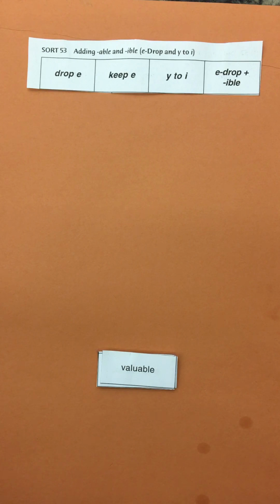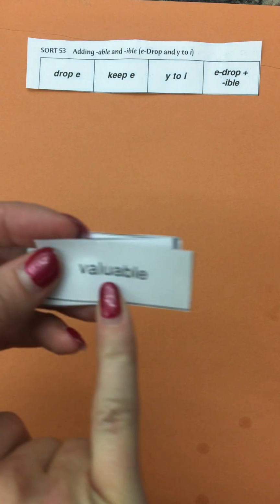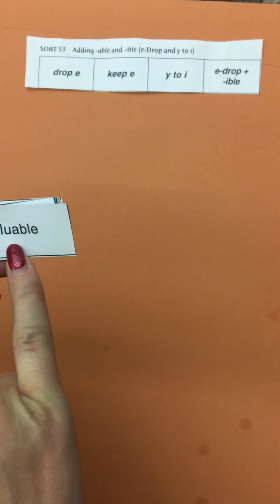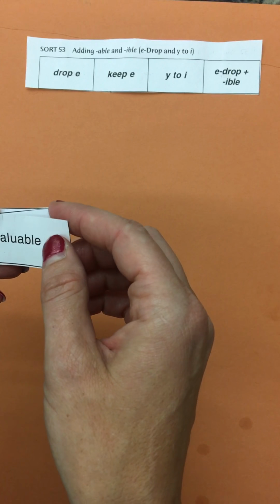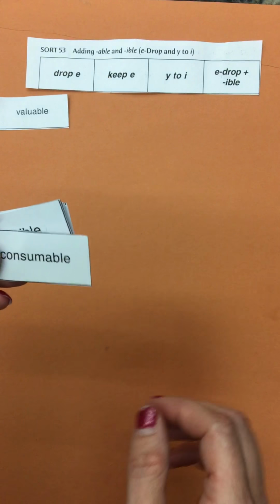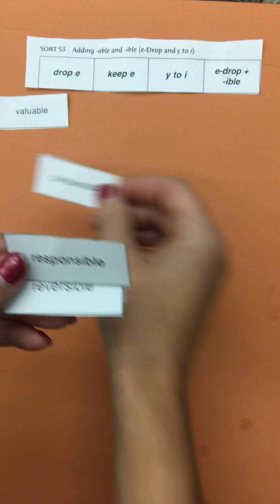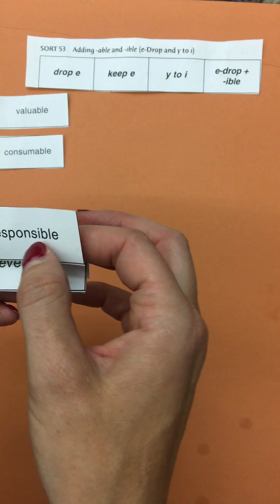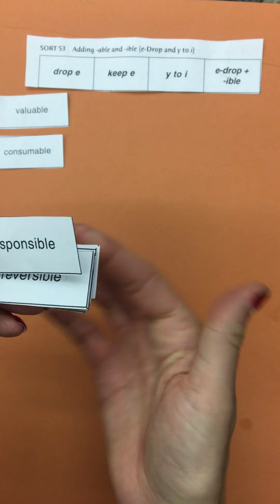So here will be where we're going to put any word that dropped the e off of the base word. You know, value should have an e at the end of it. So clearly that's been changed to drop an e. Consumable has also dropped the e. Responsible.